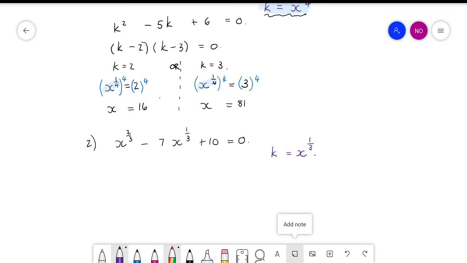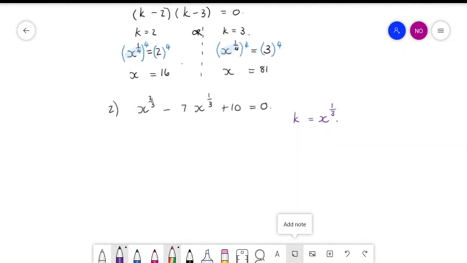Hoekom het ons 1 op 3 gekies? Want ons stel die kleinste een gelyk aan x. What does this term become? K kwadraat. Hoekom? Want 'n derde maal 2 gee vir jou 2/3. It becomes k square because a third times 2 gives you 2/3 again. Okay.